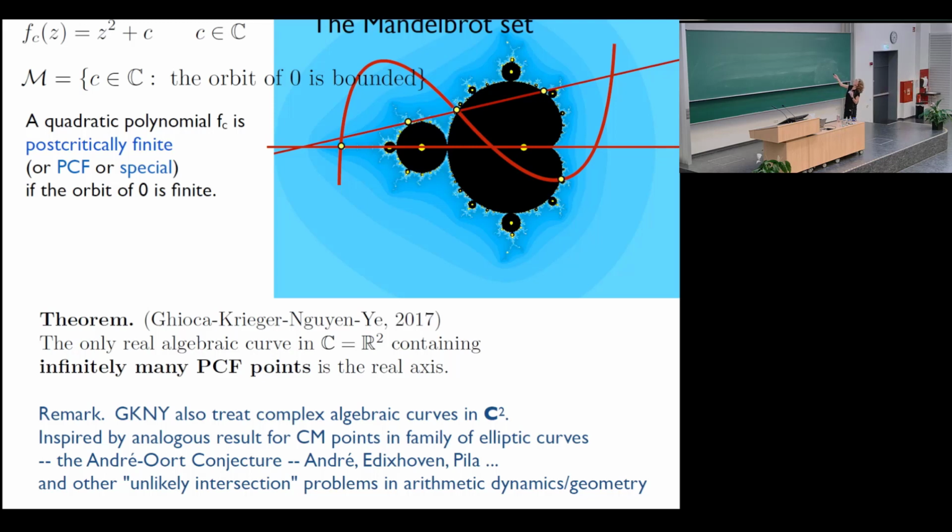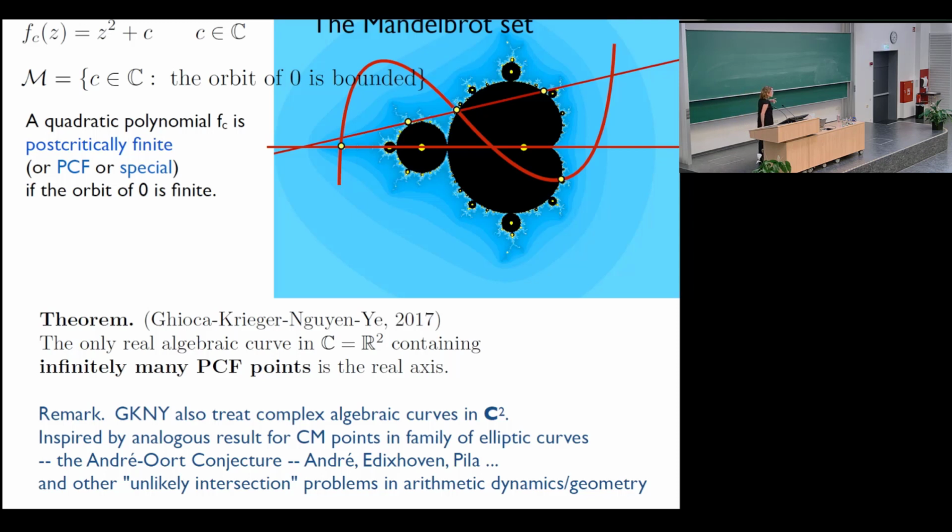So what they actually proved, I haven't stated their theorem, was a similar statement, but looking at algebraic curves over C2, not in R2, and looking at pairs of special points that have both coordinates being special.